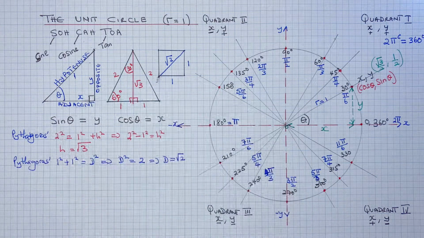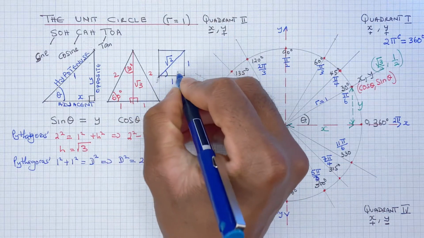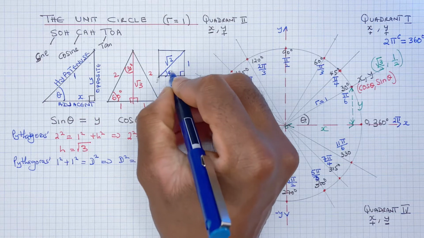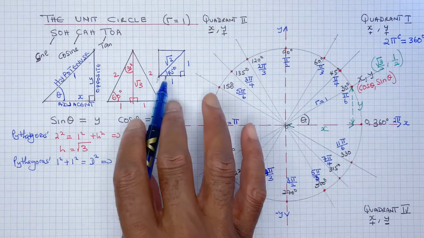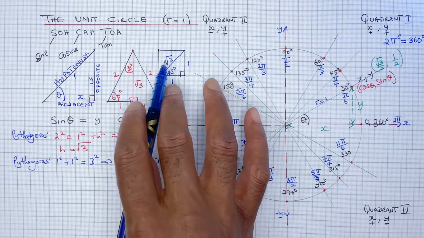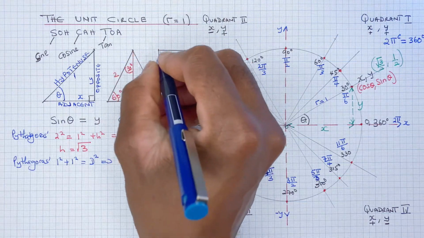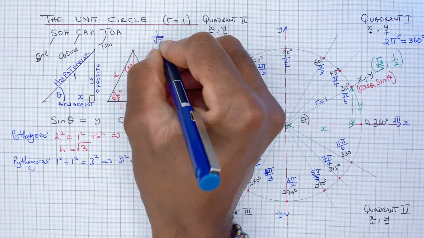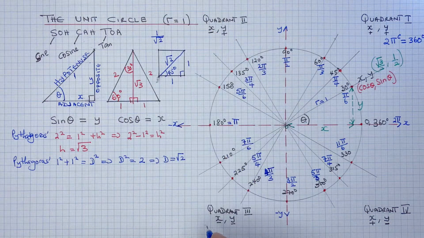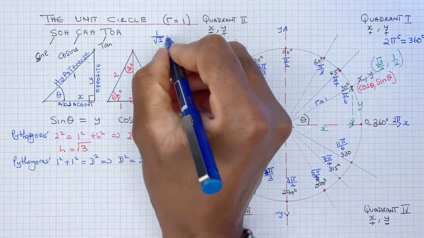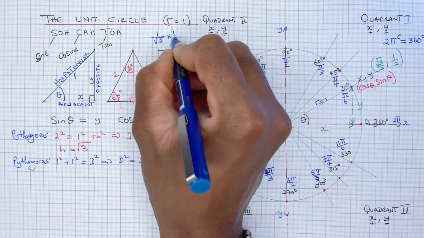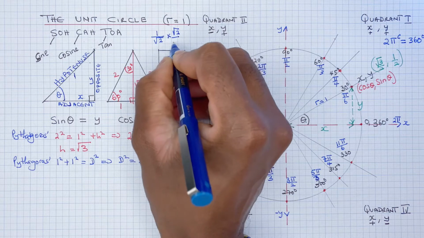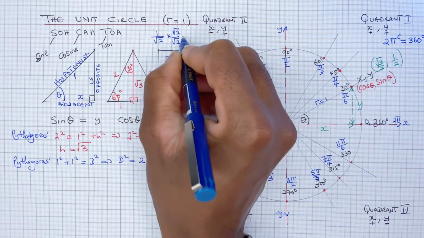Now I know this is 45, by the way, because this is 90, so that's 45 degrees. Cos of 45 is adjacent over hypotenuse. When you write 1 over root 2, we have to rationalize the denominator, because 1 over root 2 is not allowed. So we multiply both numerator and denominator by the surd, which is root 2 in this case.